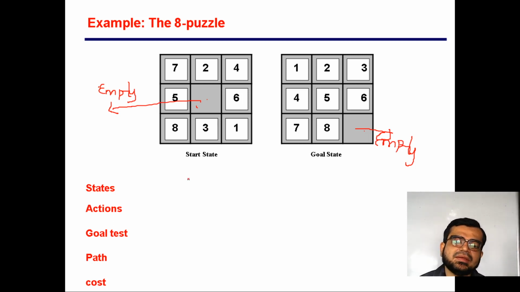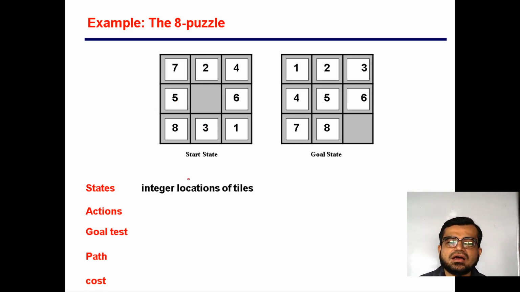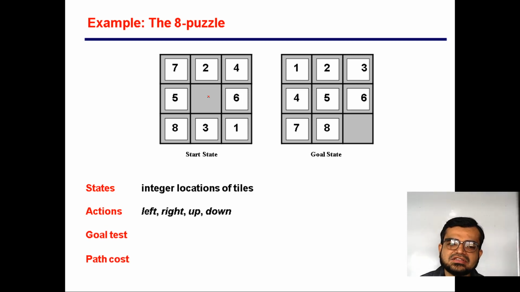So in the state space, the first thing is what the states are. States here means integer locations. How many integers are there here? 8 tiles. As I said, there are 8 tiles which have 8 values, and one is empty. Now this is what the states are. Actions: what actions can you perform?